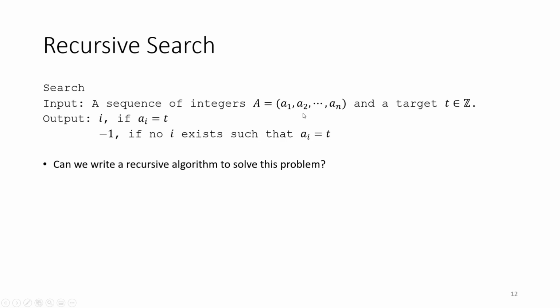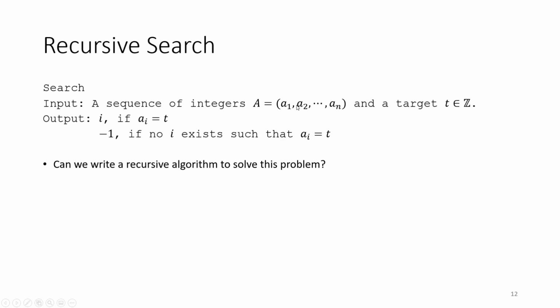What about A2? We're not guaranteed that A2 is there. Okay, A1 we're guaranteed to be there if the size of our list is at least 1. AN we're guaranteed to be there if the size of our list is at least 1 as well. Why is that? Well, because if our list is of size 1, then n is 1, so AN would be there.